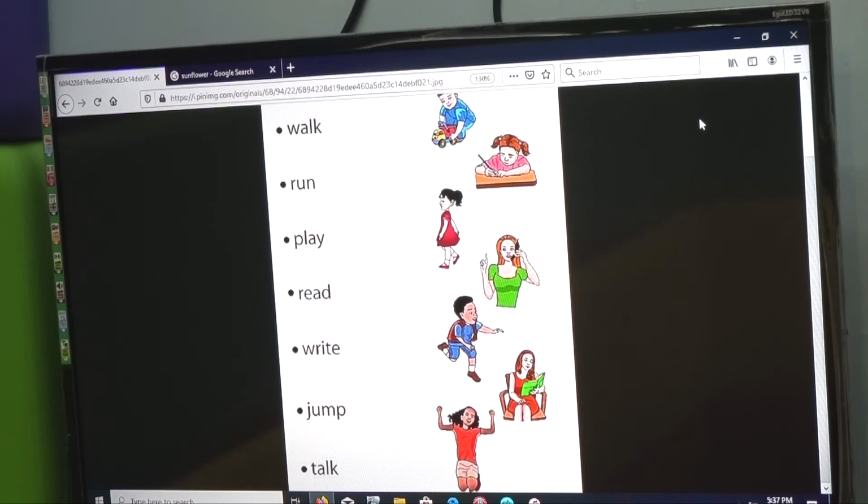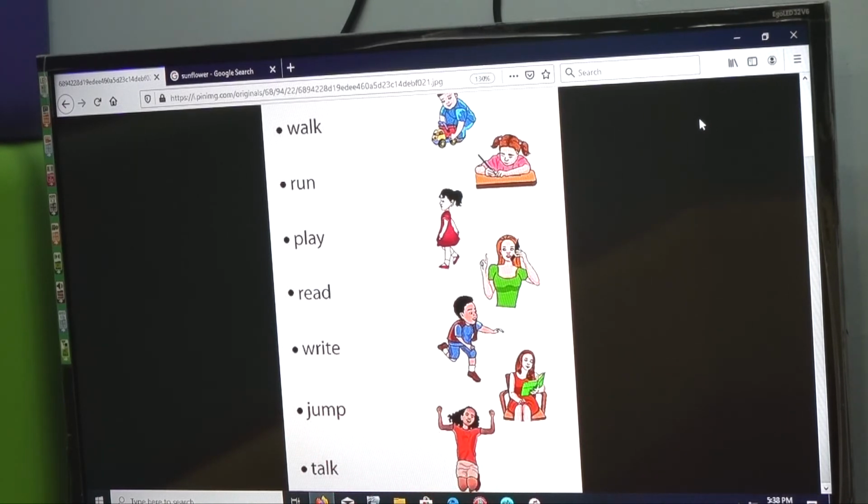Jump, right? The action jump. Which picture is best to describe the action jump? Is there any picture related to jump here? Yes, where is it? Is she jumping? No, right? So it should be this one. Jump.